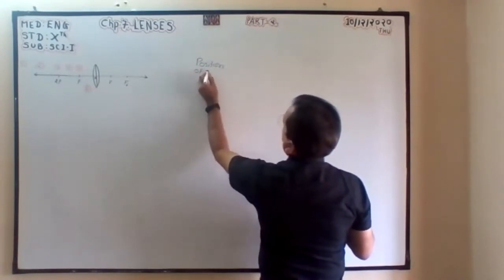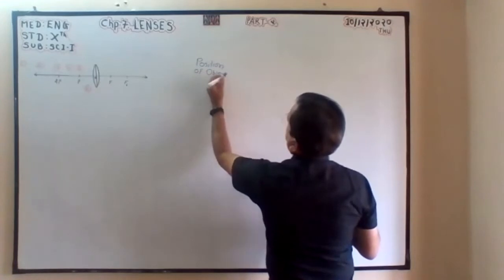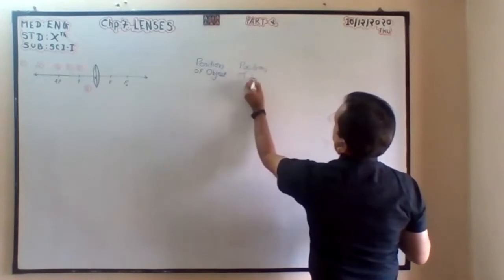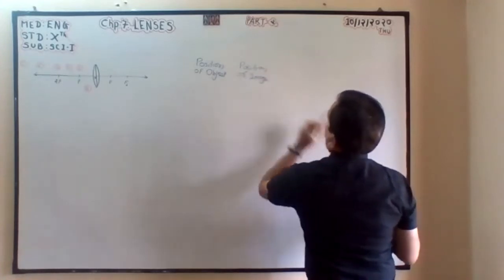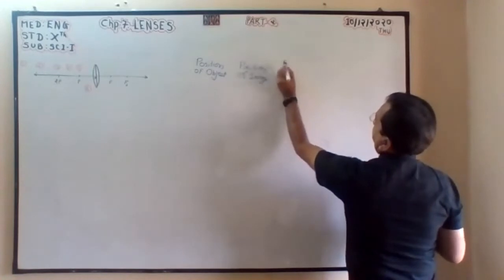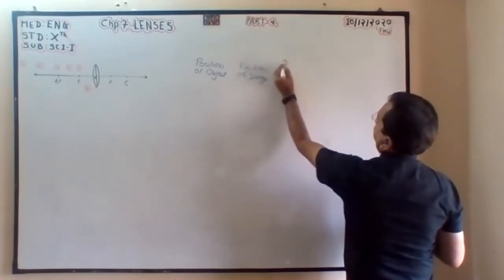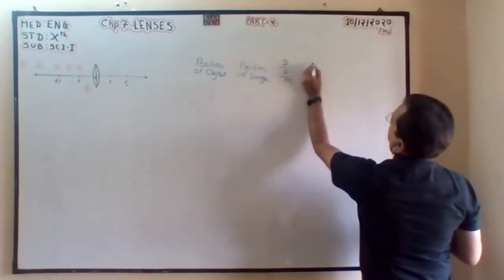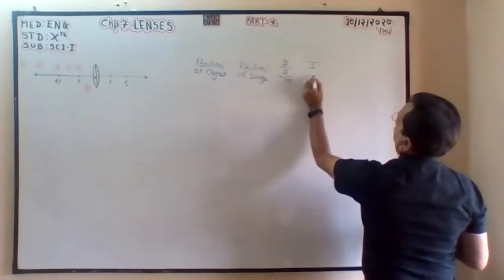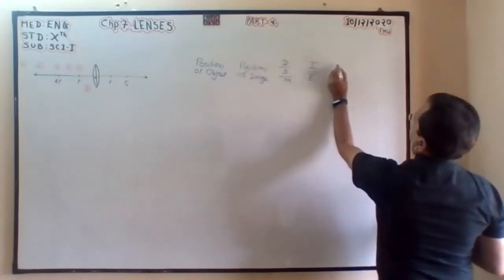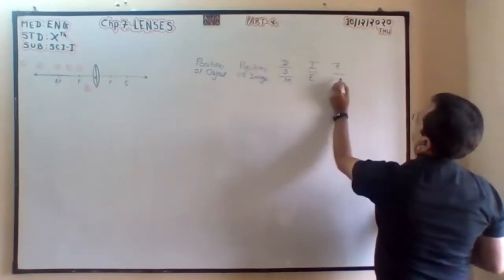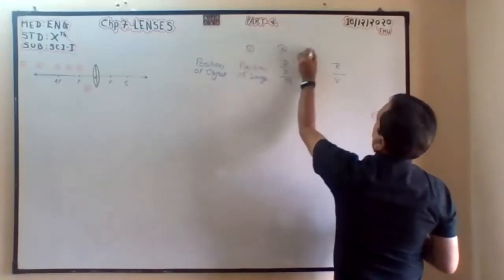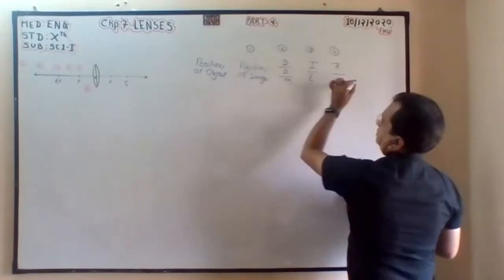Position of object, position of image, whether it is diminished, same or magnified, whether it is inverted or erect. If it is inverted it will be real, if it is erect it is virtual. So 1, 2, 3, 4, these are the parts of the answer.